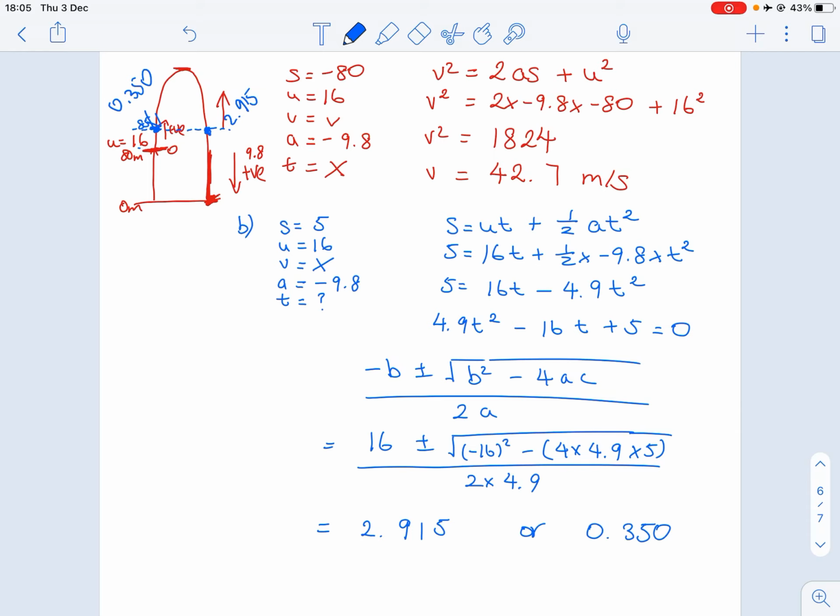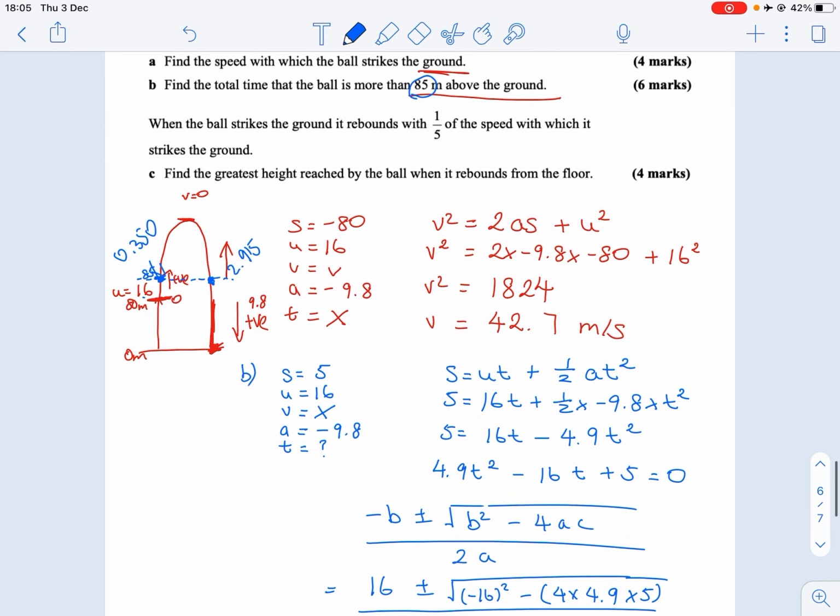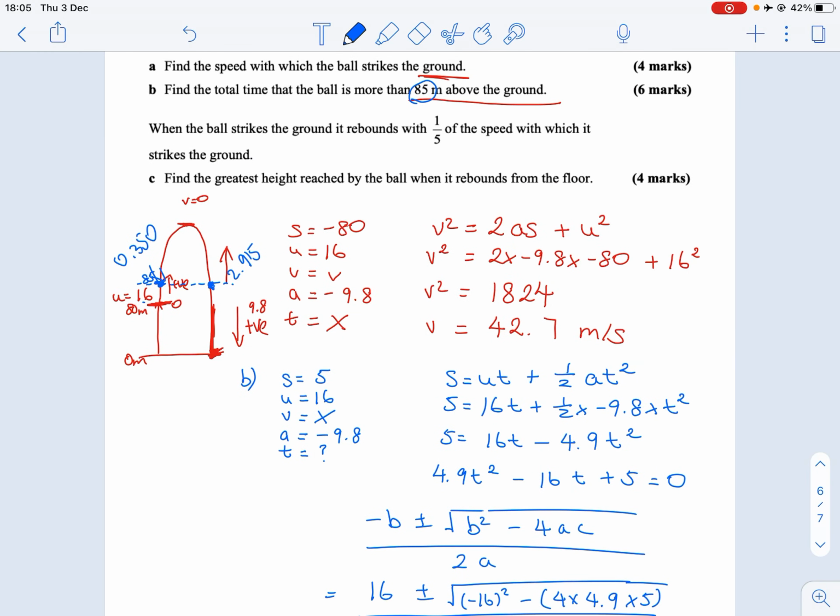To find out how long the ball is above, we're just going to take the two values: 2.915 take away 0.35. So it's above the 85 meters for 2.565 seconds. Okay, let's continue reading the question.